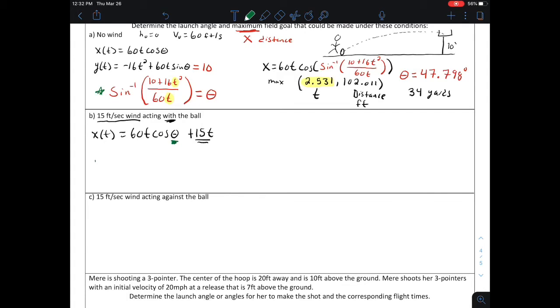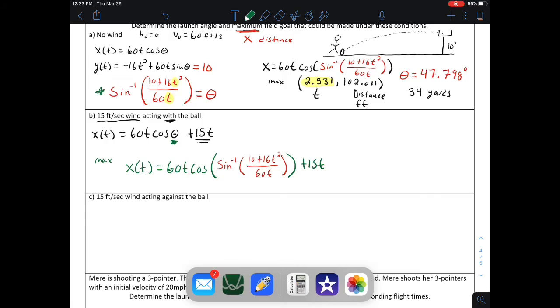So we're going to find the max of x of t equals 60t cosine of inverse sine of (10 plus 16t squared) over 60t. And then we have our plus 15t on the end, which is the effect of wind. So we'll go back into Desmos and we'll regraph this one.